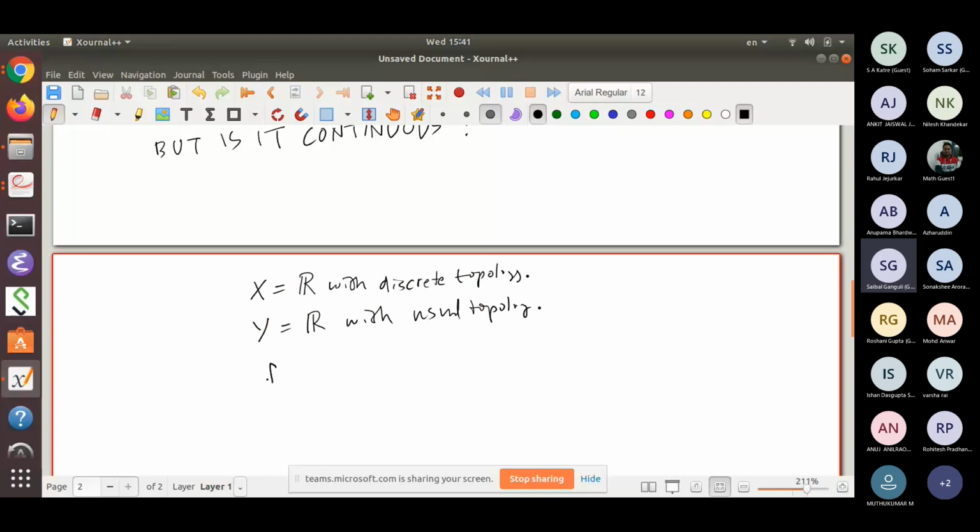And let's take f from X to Y as identity of R to R. And let's take again Z to be R with usual topology.